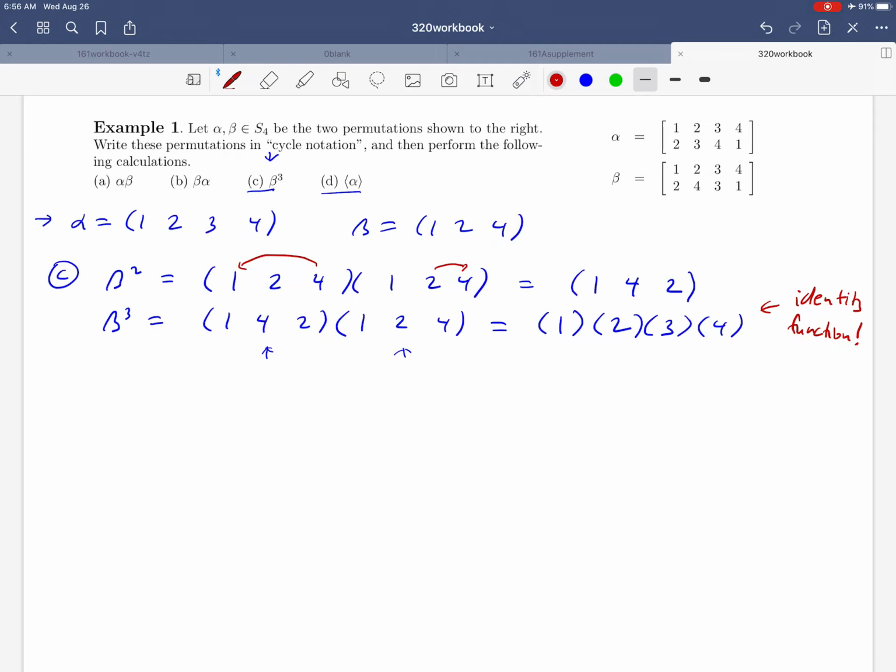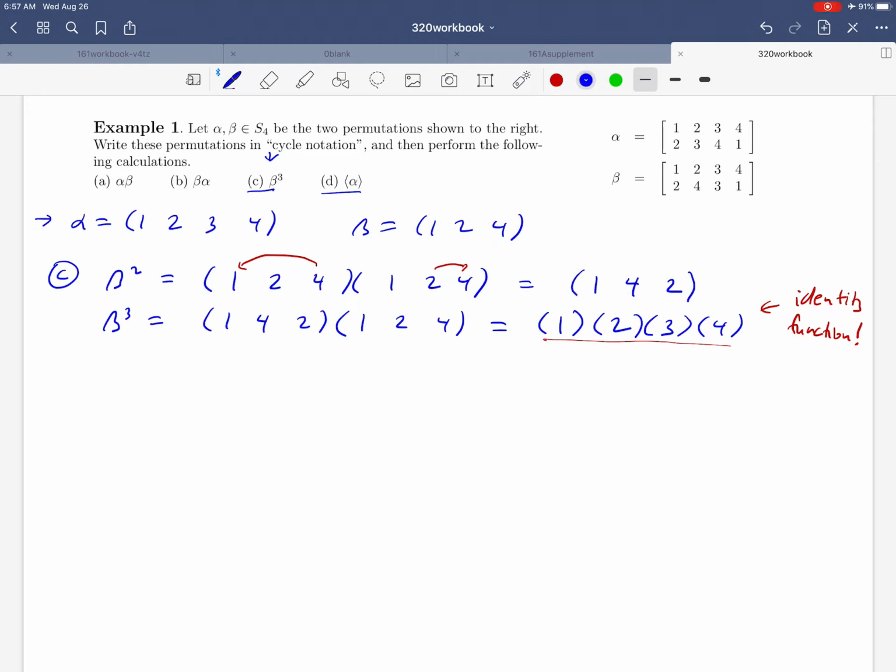Now I want to remind you of one comment that we made in a previous video. We talked about how generally, if a number maps to itself, you don't write it. But it's kind of weird in our case because every number maps to itself. If we omitted all 4 of those numbers, we'd have a blank space in front of us. We'd write nothing, and we don't want to do that.